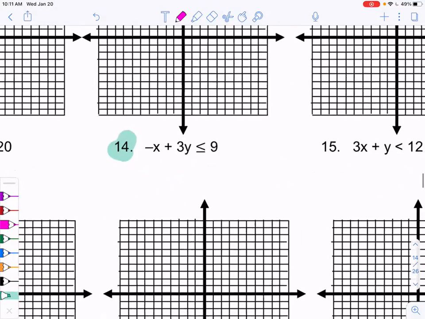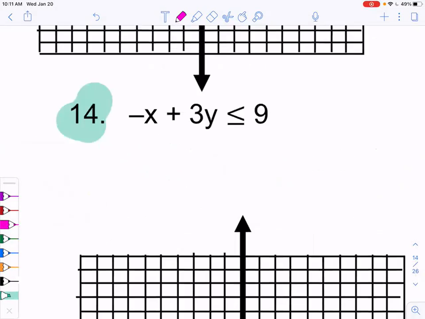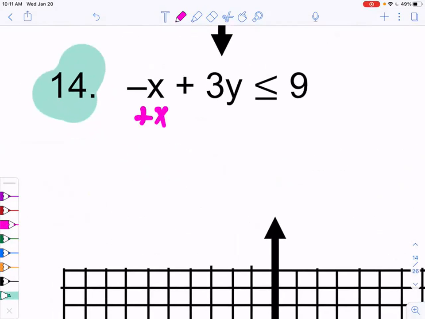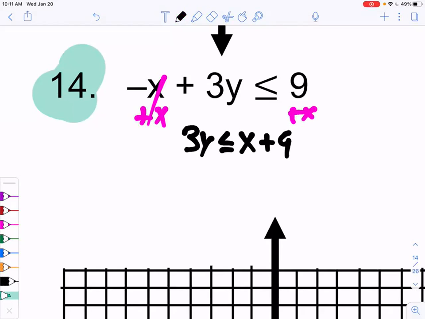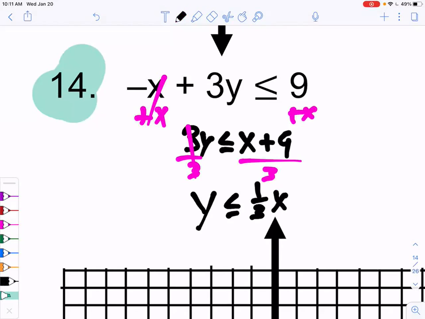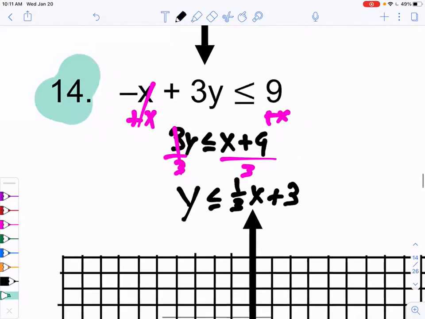Okay, we're going to solve. Add x over. Divide by 3. Now we graph.